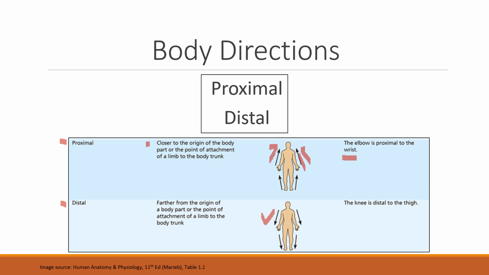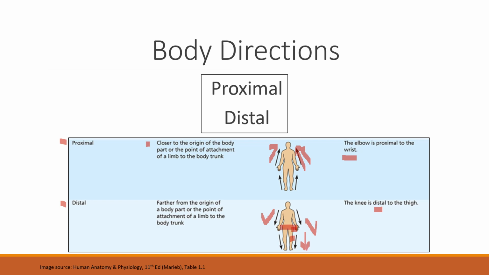So you would say here, the elbow is proximal to the wrist, right? Because it's closer to the origin of the arm, which is the shoulder. So you would say the fingertips are distal to the wrist, right? Because it's going the other direction. The knee is distal to the thigh because it's going away from the origin of the leg, which is the pelvis right here.